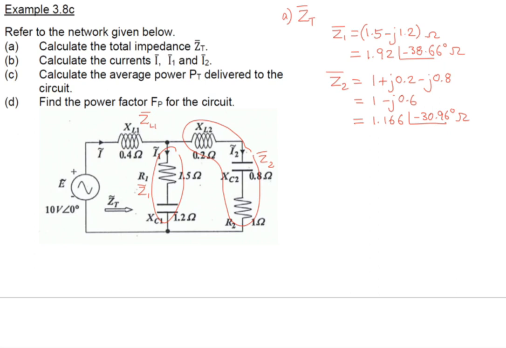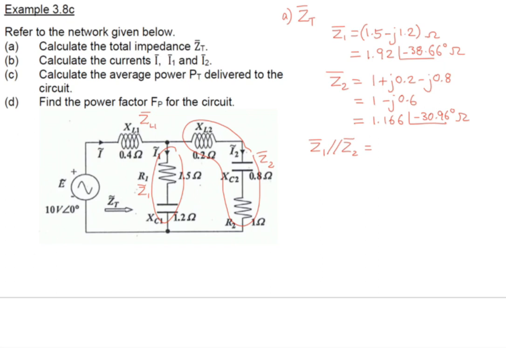Alright, so these are the two branch impedances. First of all, I want to calculate Z1 and Z2 in parallel, to give me the so-called total impedance at that point.